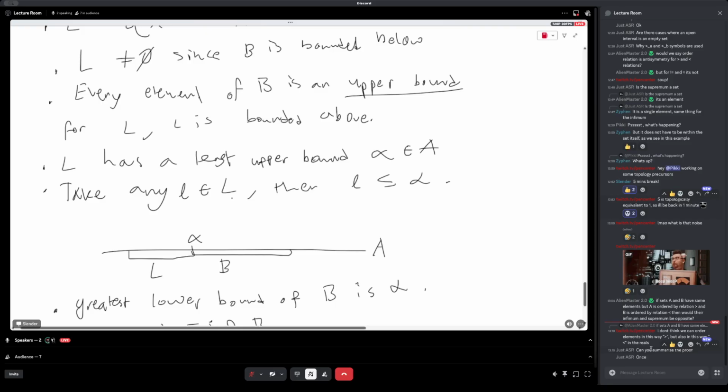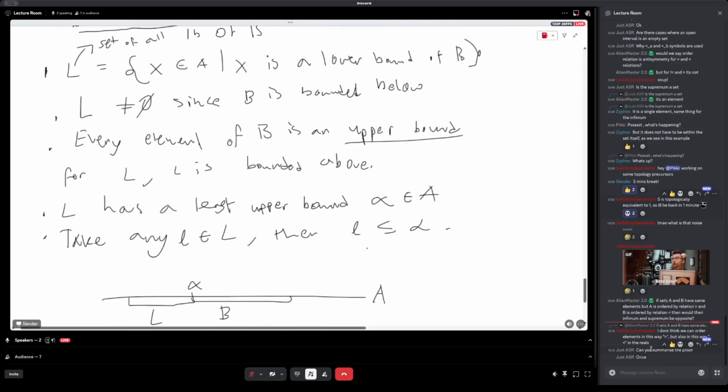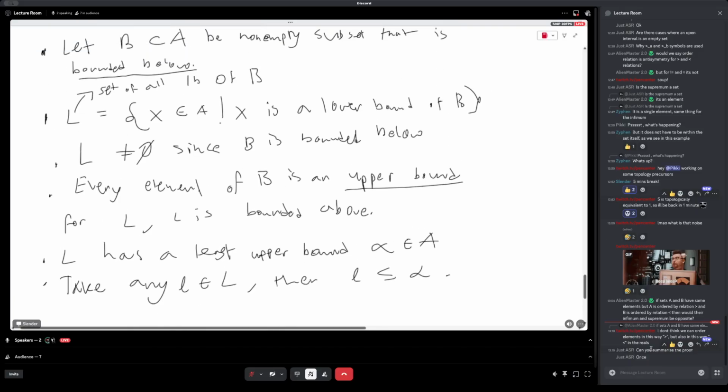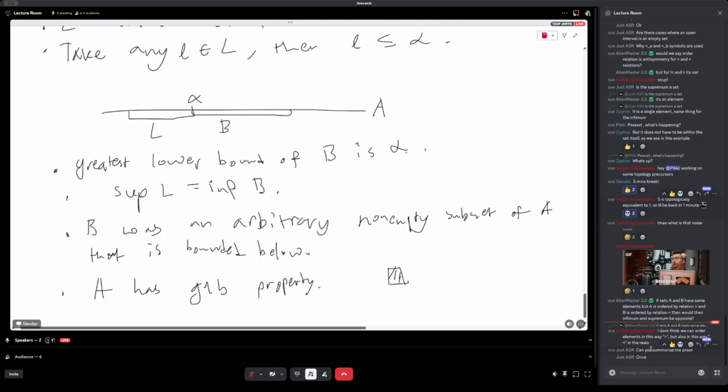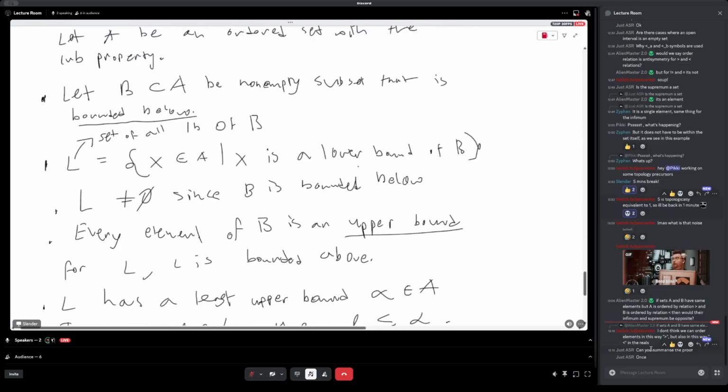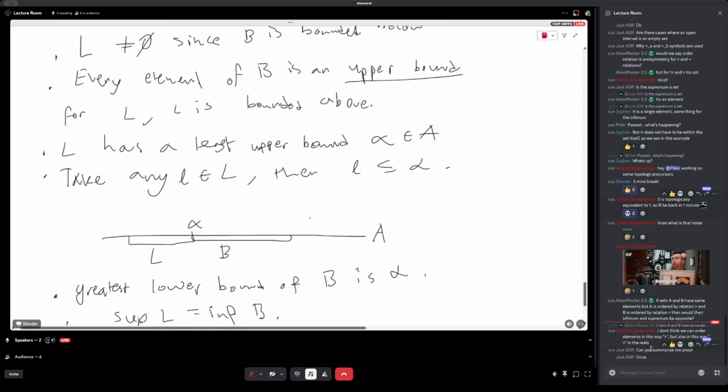Then you pick any l in this big L. Then this little l is at most alpha. So this says that any element of L is at most alpha. It's not more than that. And now notice that L is the set of all lower bounds of B, and l is at most alpha. This shows us that the greatest lower bound of B is alpha, because this is the greatest l can reach.